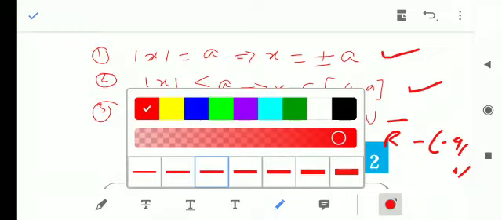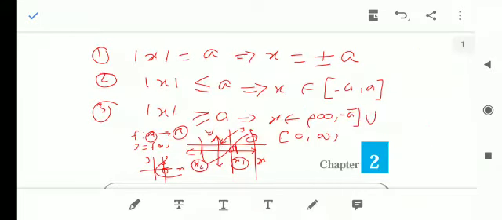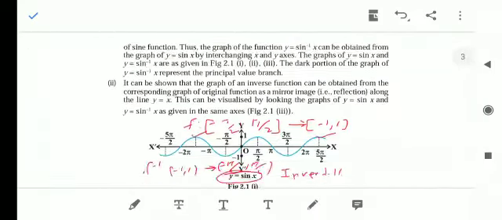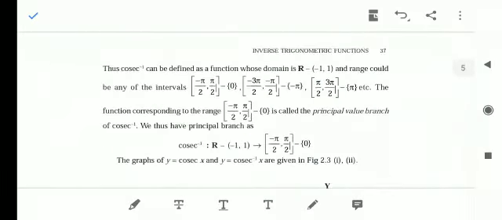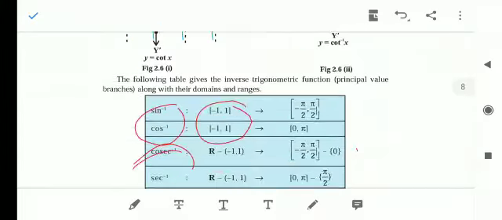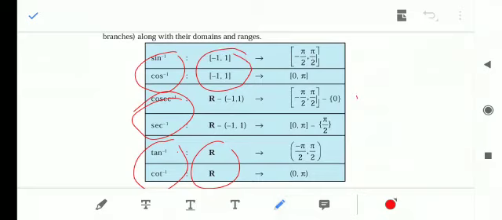And now I would like to just revise the concept. Look at this one. In the case of sin inverse x and cos inverse x, the domain is minus 1 to plus 1, and this can be written as mod x less than or equal to 1.